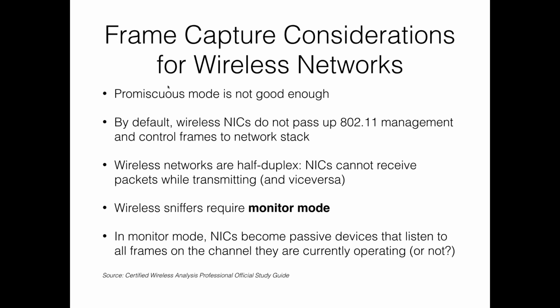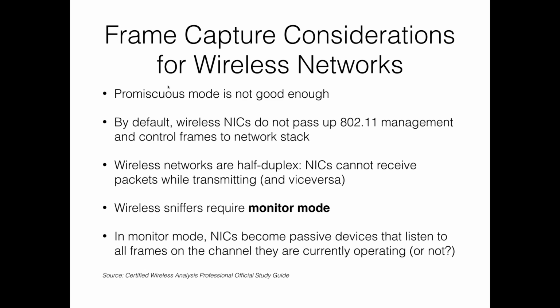The other thing to be aware of is that wireless networks are half duplex. This means that the NICs cannot receive packets while transmitting, and vice versa. So you can only receive or you can only transmit. So if we're going to capture frames, we need to put the interface in something called monitor mode, which is like a passive mode for wireless NICs, where they can now only listen for frames, they cannot transmit.